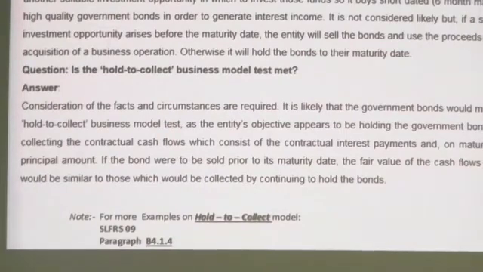What's their duty? Match the investments according to the fund's requirement. That means the entity never invests for longer than the period for which they require funds. Therefore, those investments satisfy hold to collect, because they match the maturity to the funds requirement.